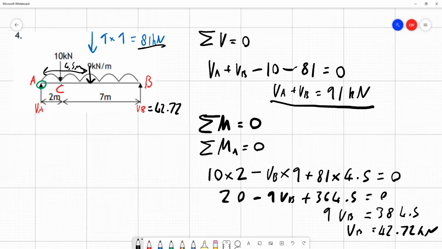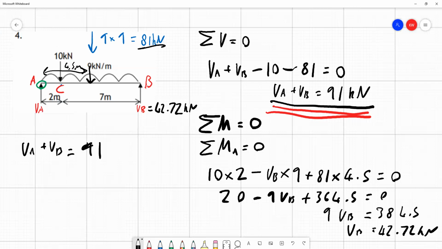But fortunately, we don't need to do that because of what we worked out at the start, what VA plus VB is equal to. Underline that twice in red. So considering that equation, VA plus VB is equal to 91.